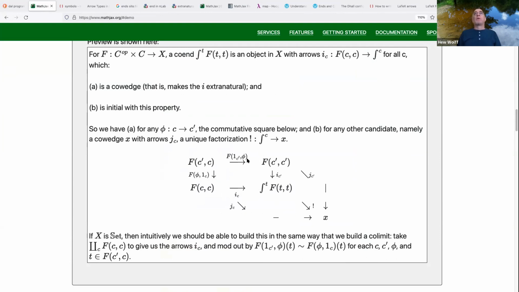But if it's going to be the coend, it has to be the initial co-wedge. So if you have another one, X with maps J, such that the outside of this whole thing commutes, then there's a unique arrow in here which makes the triangles commute. That makes sense?